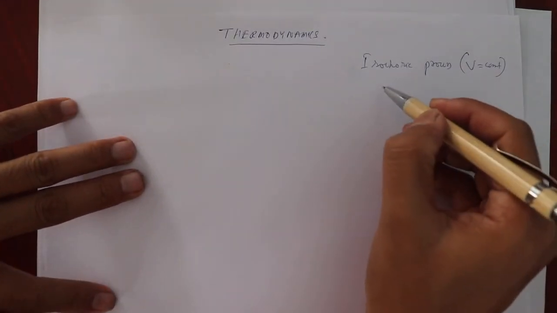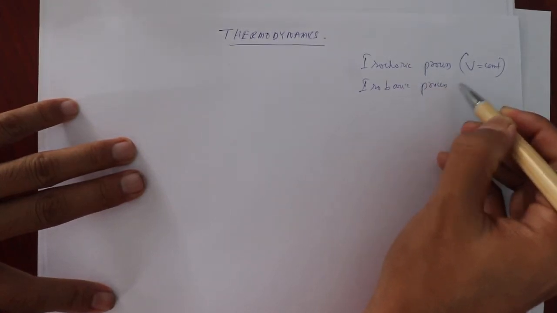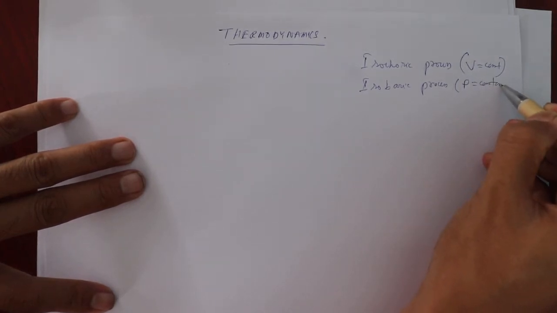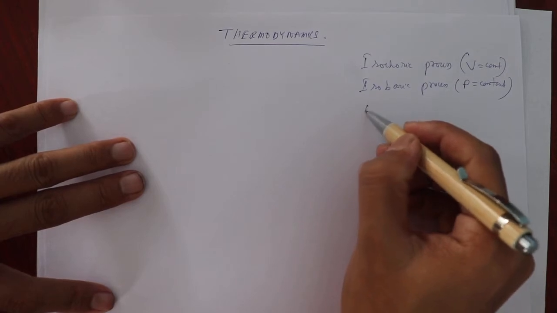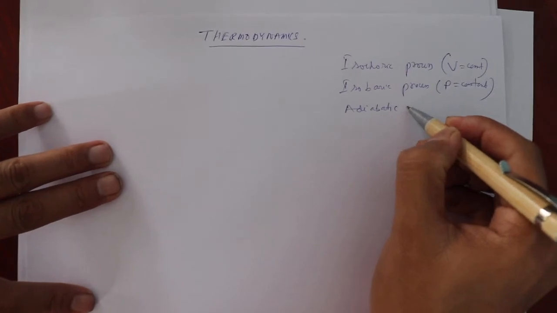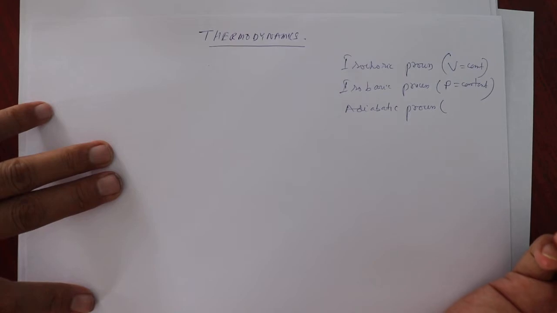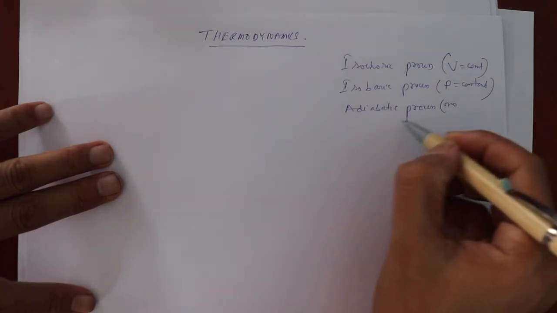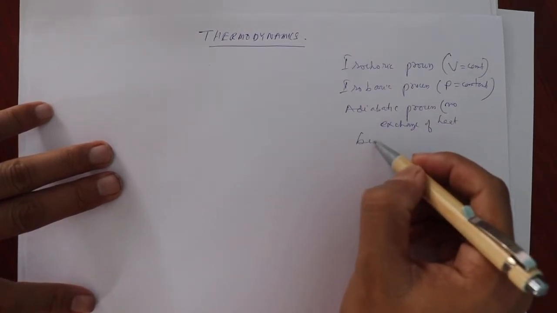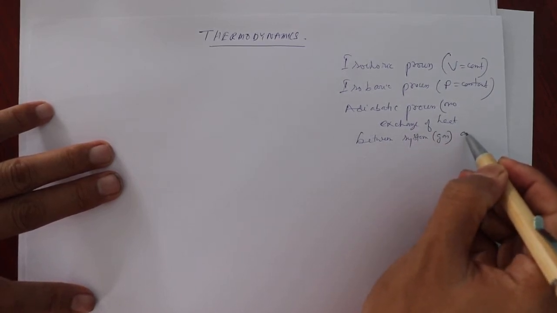Then next we have the isobaric process, where the pressure is constant, and you have the adiabatic process that takes place when there is no exchange of heat between the system, which is a gas, and the surrounding.